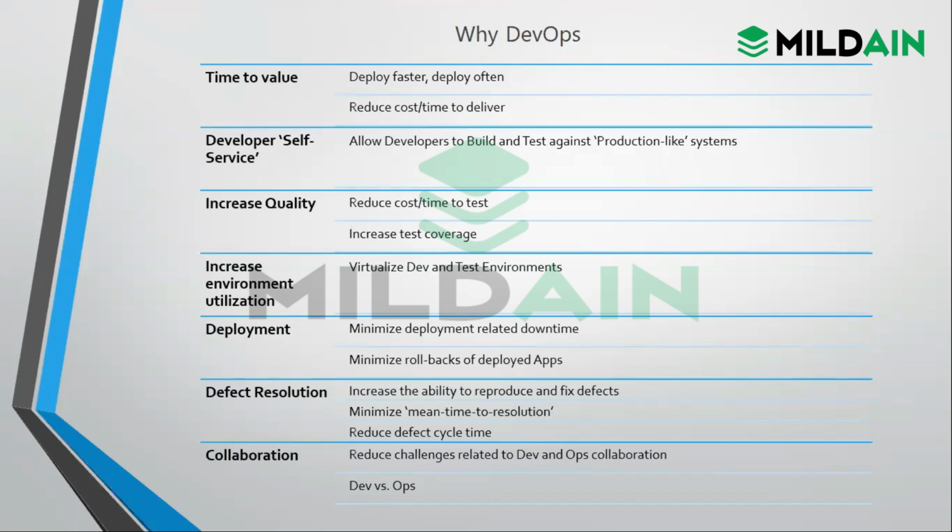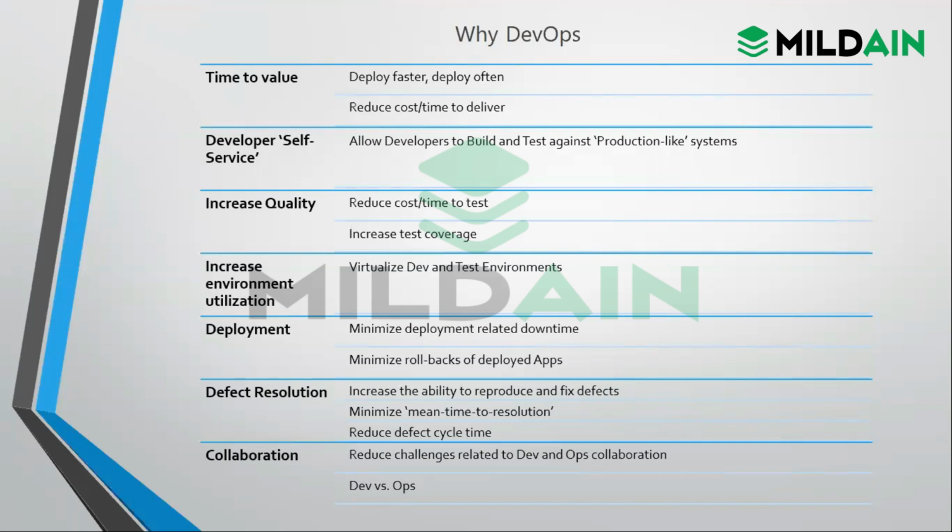We are creating virtualized development and test environments, and then moving to prod or non-prod. Once they are not required, we can shut them down. In some cases there will be minimal downtime. Otherwise, the application is up and the deployment is done.